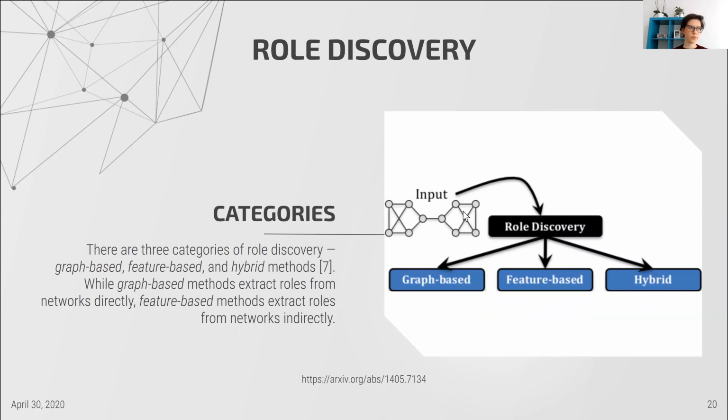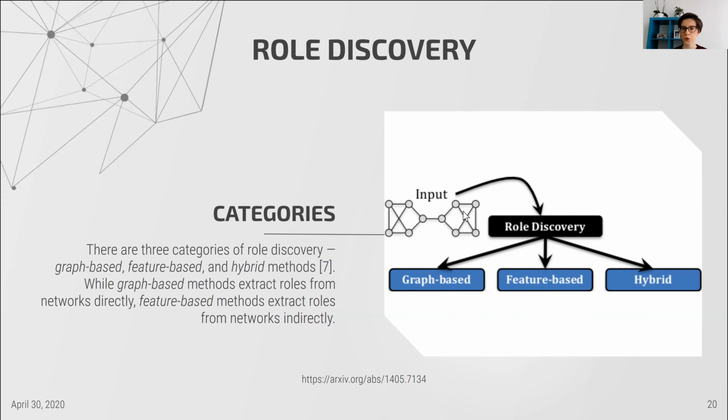And there are a lot of role discovery methods, not as many as community detection, but still it's possible to classify these methods. The three main categories out there these days are graph-based methods, feature-based methods, and a category in the middle, called hybrid methods.